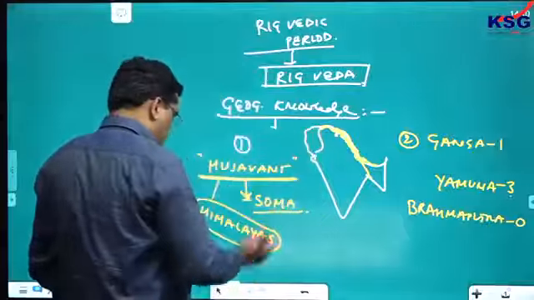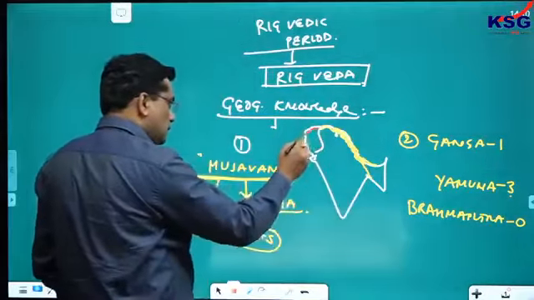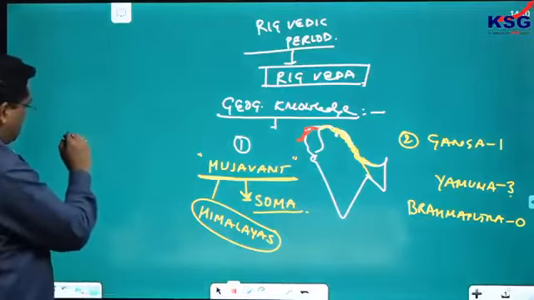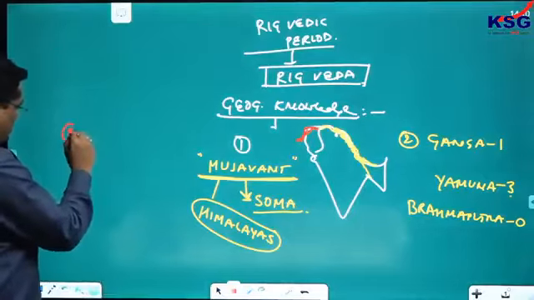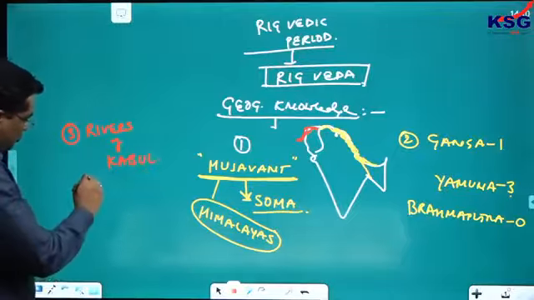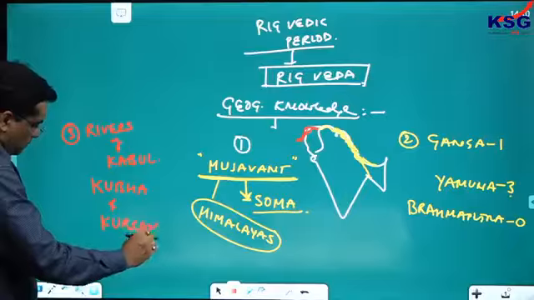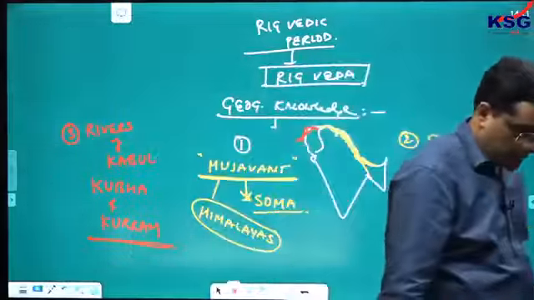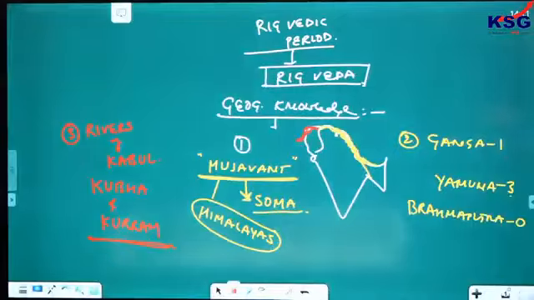They knew the rivers of Kabul, like Kubha and Kurram.